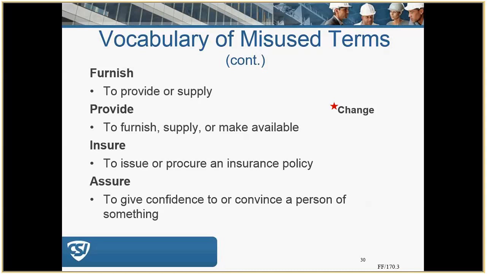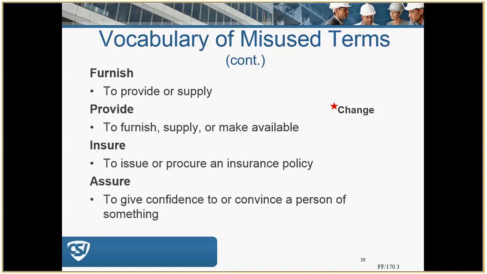It's not uncommon to actually, up front in the specifications and even the reference section, in Section 014000, change the definition of the term, and you can change the term provide to mean furnish and install.